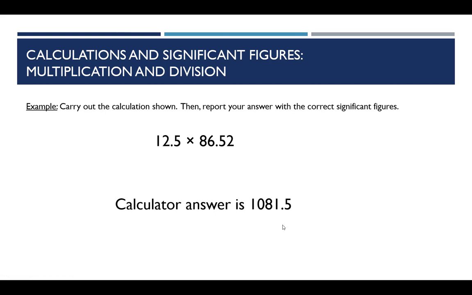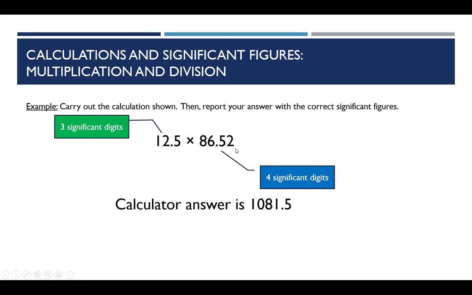We need to look at the significant figures. So this number here, 12.5, has 3 significant digits. All non-zero digits are significant. And the same rule applies here. There are 4 non-zero digits, so there are 4 significant digits. So we ask ourselves, 3 or 4, which is smaller? 3. So we round this number to 3 significant digits.